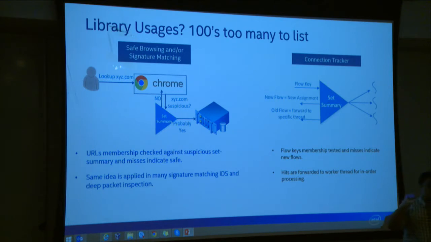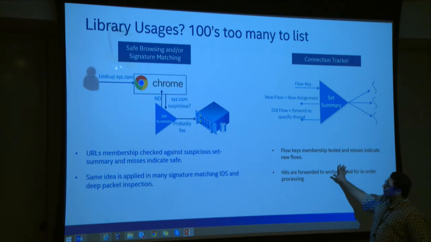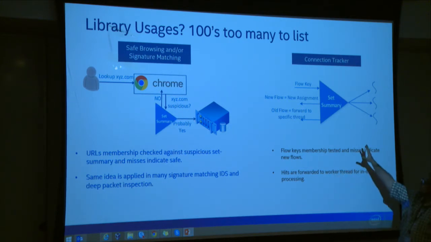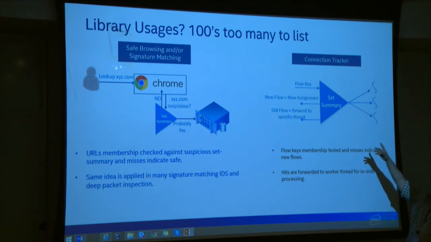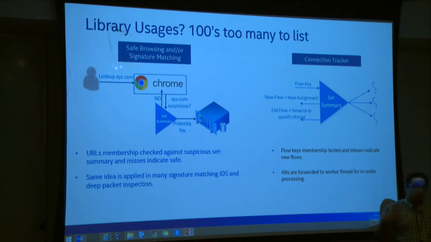Any more questions? Okay, so another example is a connection tracker, where I have a SetSummary that is summarizing the assignment of the flows. So I have flow X being handled in core Y. The idea here is that when a new flow comes in, I want to be able to assign the flow to the least loaded core.